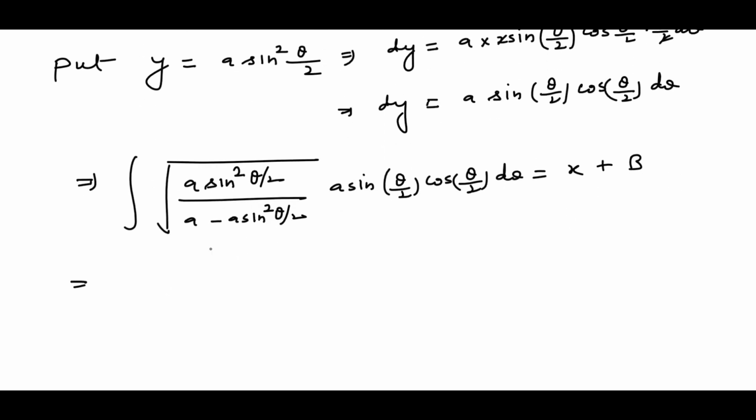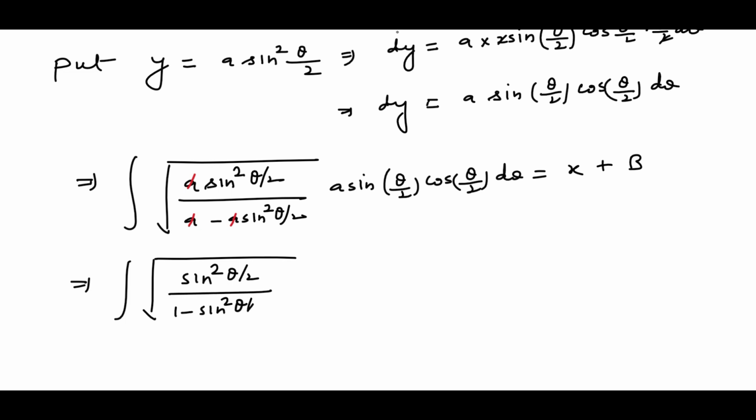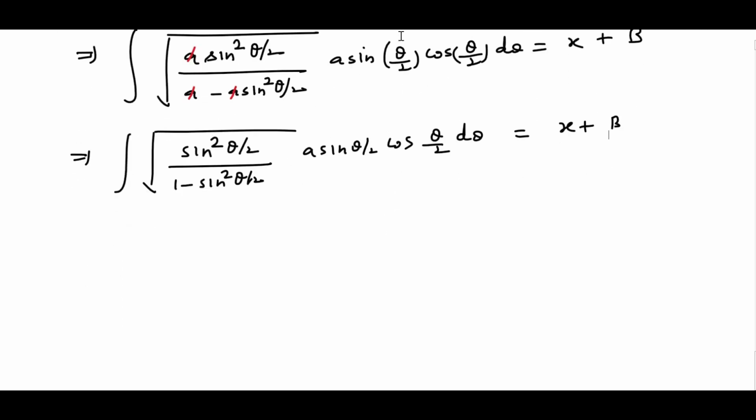So further simplifying, you can see here, if I take the a as a common from the denominator, a will get canceled out. So now it will be reduced as sin square theta by 2 and 1 negative sin square theta by 2, a sin theta by 2 cos theta by 2 d theta is equal to x plus b.